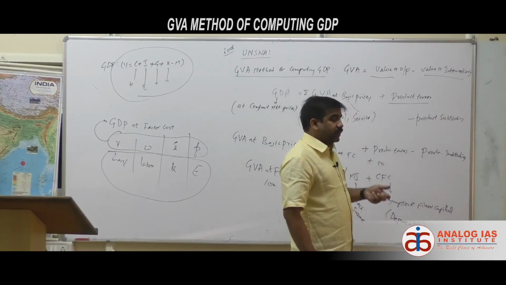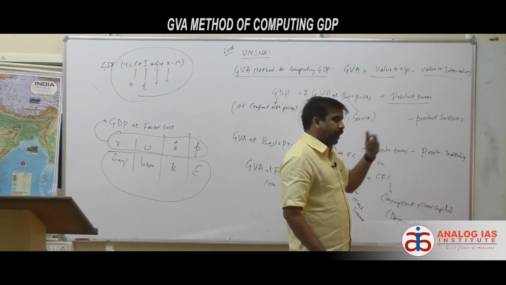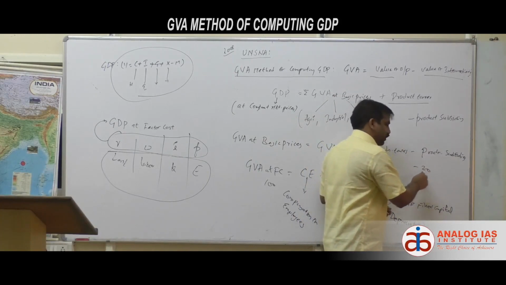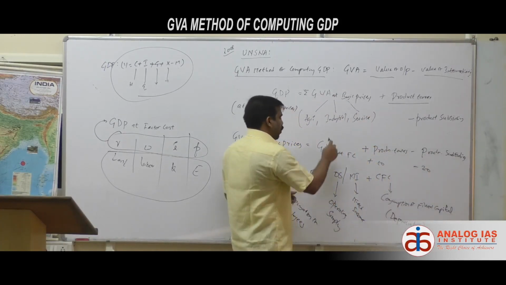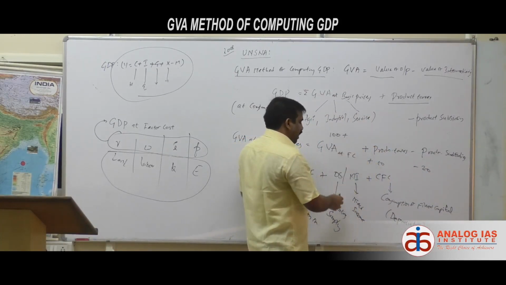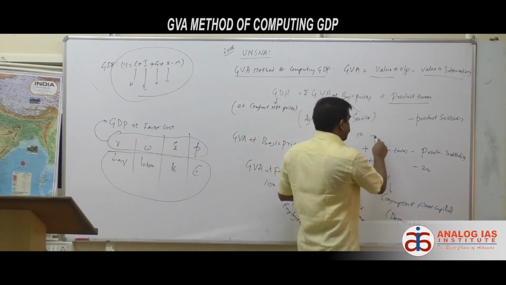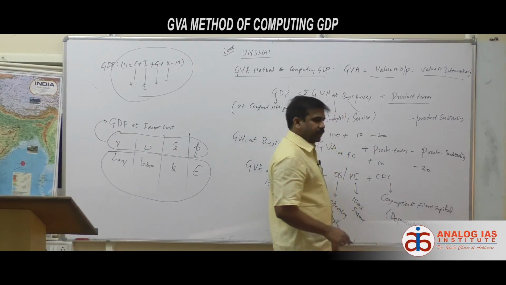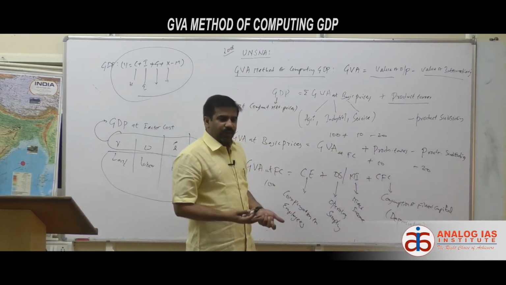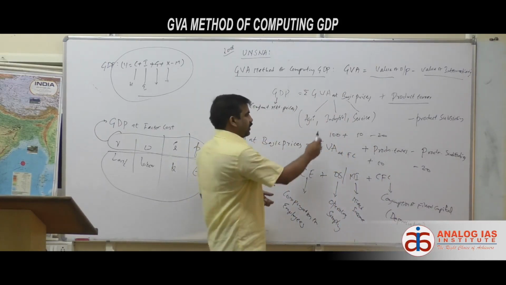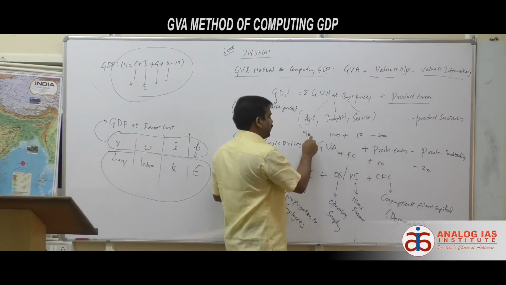But since I am in the business of producing petrol, the government might have helped me up to 20 rupees. So to be frank, what really cost me is 100 rupees I have spent for these people, 10 rupees is the tax paid, and 20 rupees is subsidy, isn't it? So what really cost to produce 1 liter is 110 minus 20, which is 90.